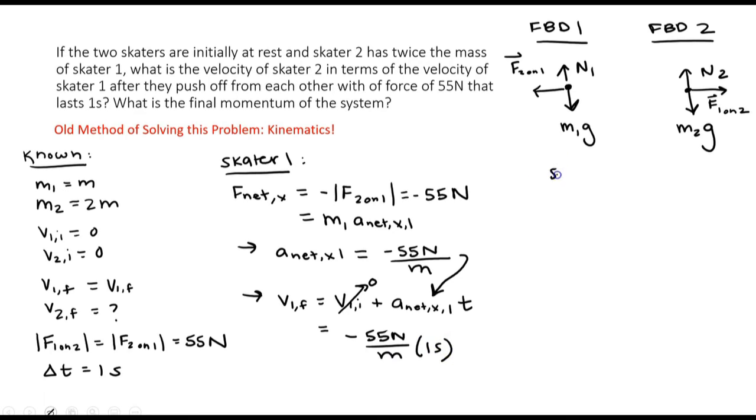Now let's do the same thing for skater 2. We only really care about motion in the x direction, so let's look at the net force in the x direction. It's going to be equal to the force of 1 on 2. It's the only thing happening in the x direction. That's going to be the mass of skater 2 times the net acceleration in the x direction of skater 2.